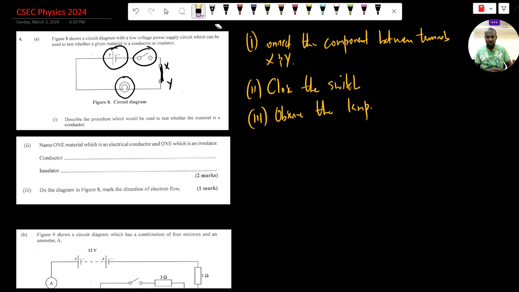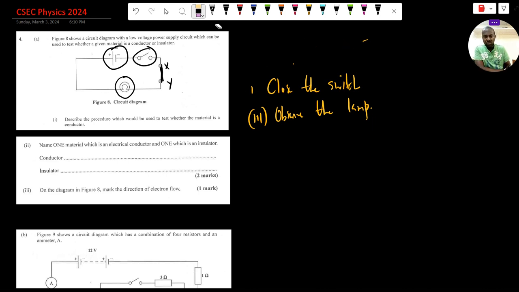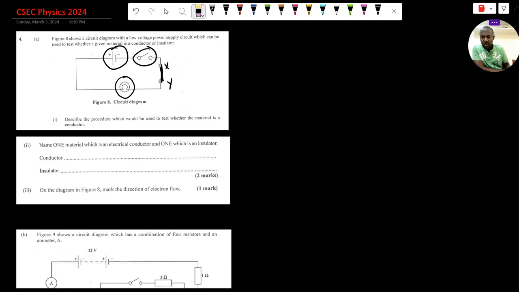My cursor is here. All right, so let's proceed to part 2 of the question. Since we're talking about conductors and insulators, the next part of the question says, name one material which is an electrical conductor and one which is an insulator. So in terms of the conductor, a common material is of course copper.